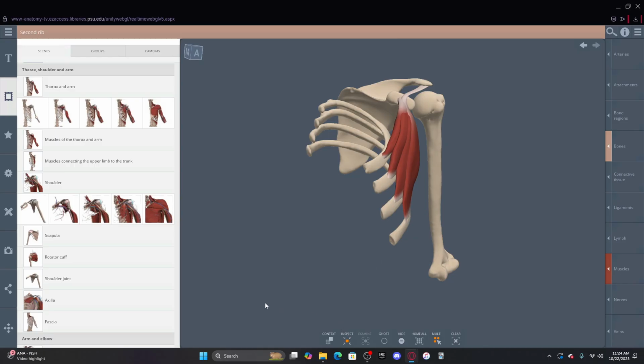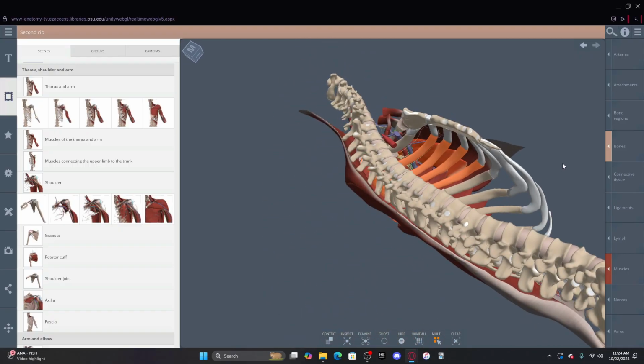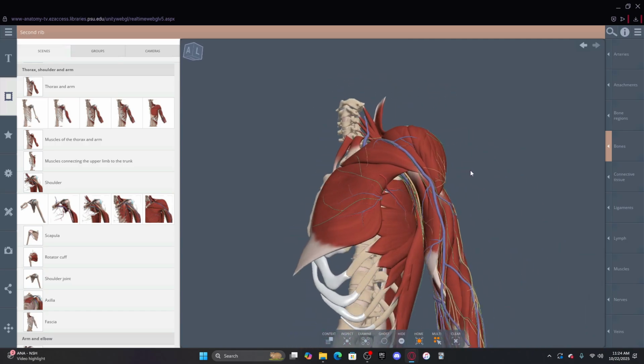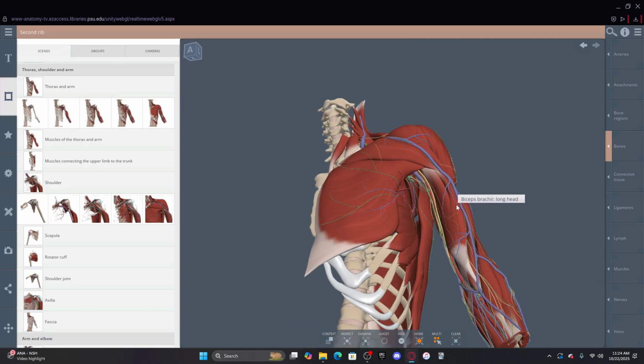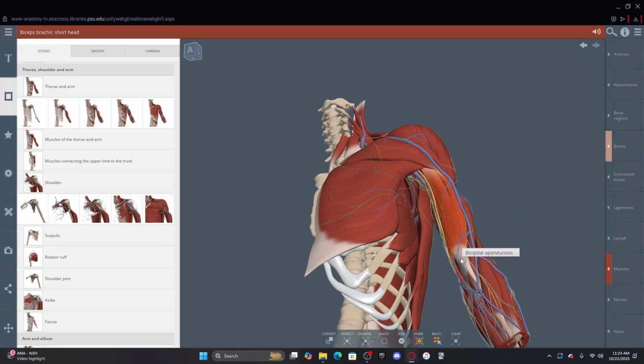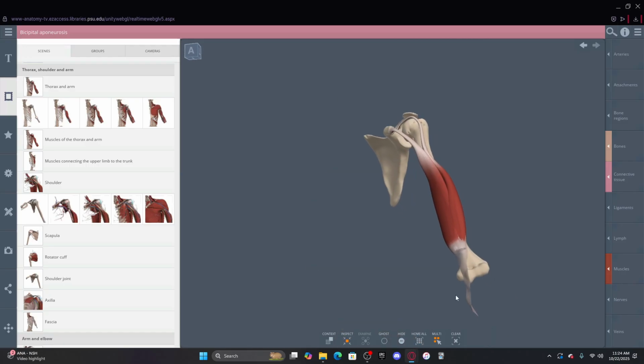Now we're going to look at the next muscle, which is biceps brachii. So let me remove all these here. Biceps brachii. So it has two heads. Bi means two, ceps means head. Let me inspect that.